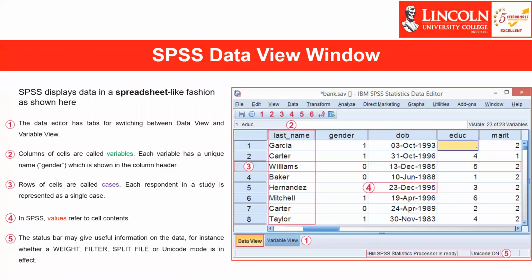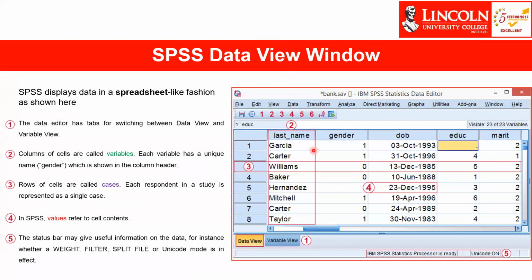Now, let's go deeper on this issue of the data view window. SPSS displays data in a spreadsheet-like fashion, just like our normal Microsoft Excel sheet. So here, this is the button I just showed you, the variable view as well as the data view.